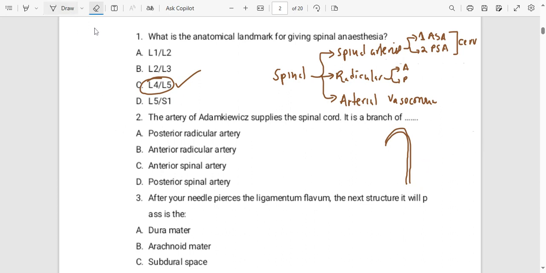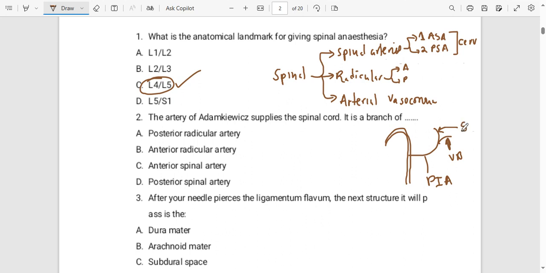So you have a branch from here, the posterior intercostal artery. Now the posterior intercostal artery will give out a branch that will supply the bones, the vertebrae. So we're going to have a vertebral branch, and then you are going to have this branch that is going to the actual spinal cord.